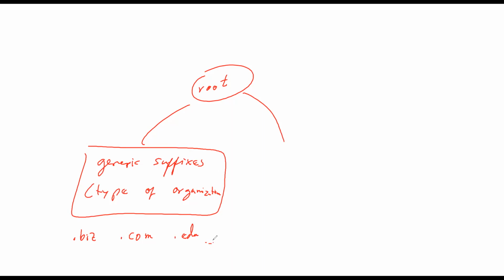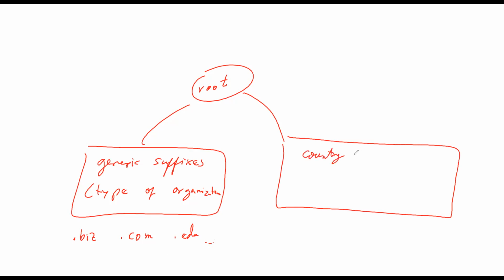And then the other classification is based on country codes, the two-character country codes, which were designed in the past for individual countries. For instance, .us, .de, Japan, something like that.